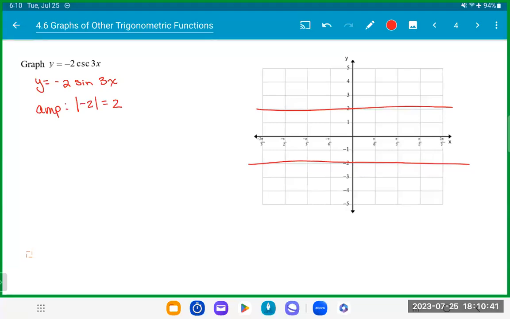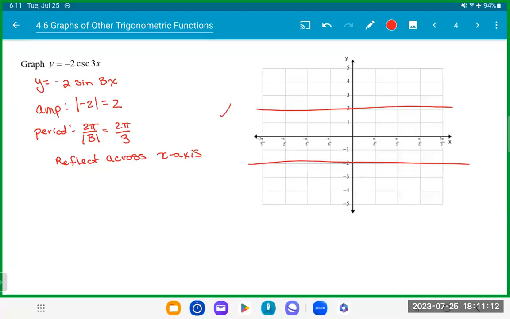So we can look at the period. Remember, the period is 2 pi divided by the absolute value of b. So that's 2 pi divided by 3, right? And we also know because of the negative that this is going to reflect across the x-axis, okay?